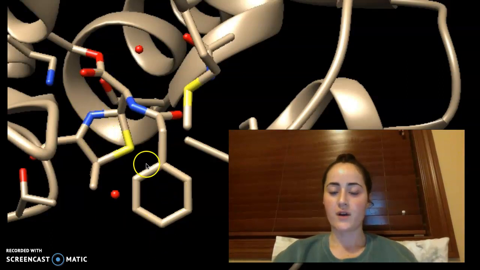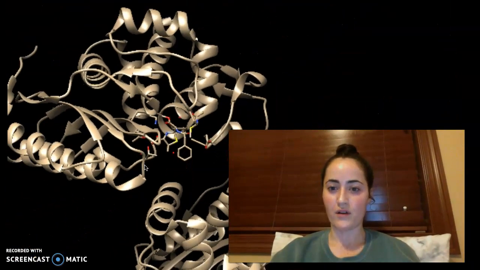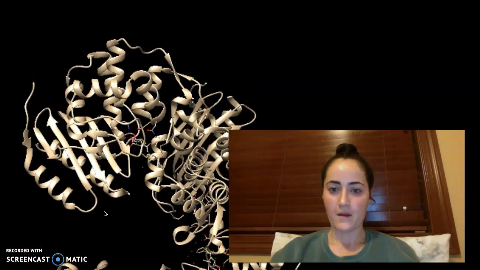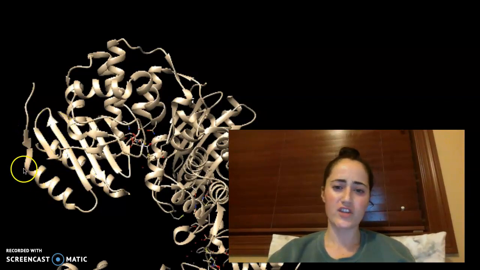This is in the active site of the enzyme, and if I zoom out, you can see more of that protein, more of that 3D structure, with the different secondary protein structures, like the beta pleated sheets and the alpha helices and whatnot. So that's how it would look, which is pretty fascinating, that we have the technology to create such detailed images.